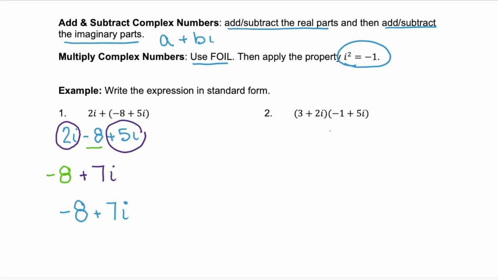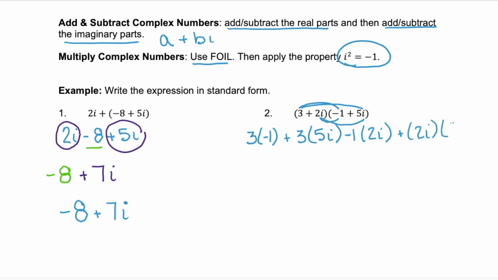Now in example 2, we have two binomials, so we're going to use FOIL. We multiply the first terms together, so 3 times -1. Then the outer, which is plus 3 times 5i. Then the inner, -1 times 2i. And then the last terms, plus 2i times 5i.